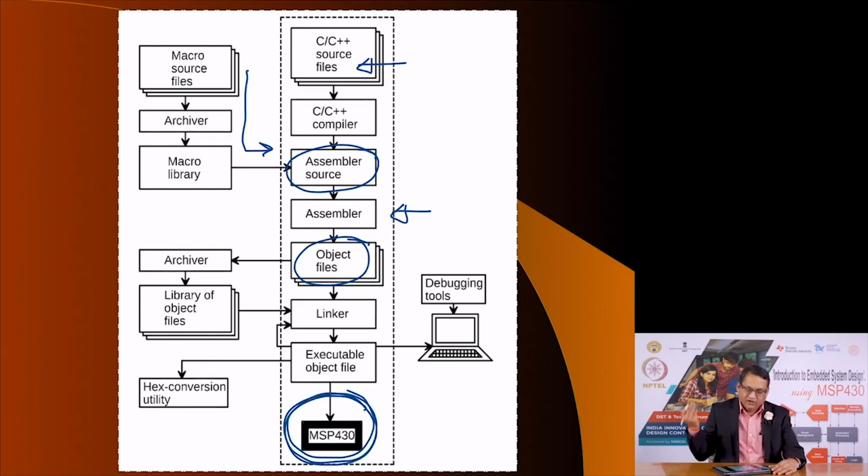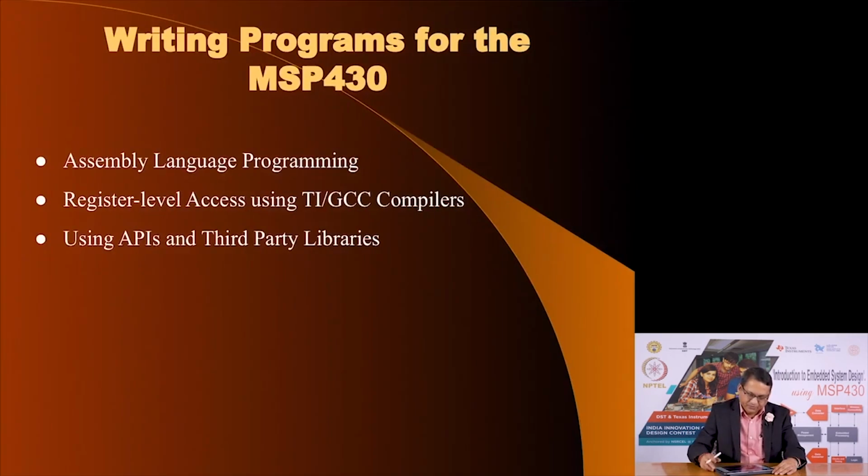So, this is the flow of your code, starting from what looks like readable text, which is nothing but C, C++ commands, and eventually it is all compiled in various steps to be able to download into the MSP430 microcontroller.